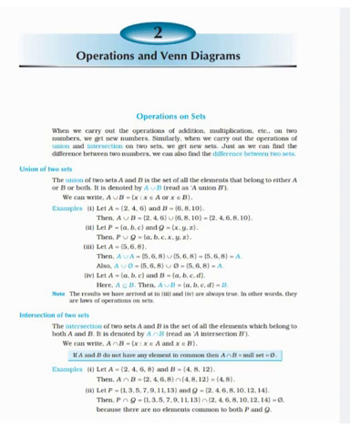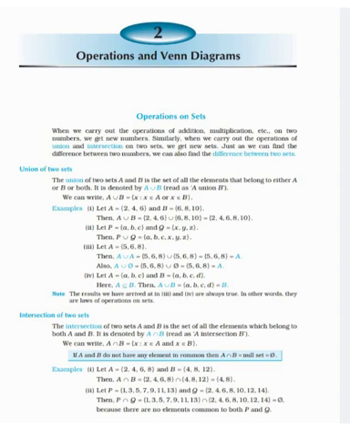The remaining examples are also there, so you will study that. The next part is the intersection of two sets. The intersection of two sets A and B is the set of all the elements which belong to both A and B. It is denoted by A intersection B. The intersection symbol is the U turned downward.